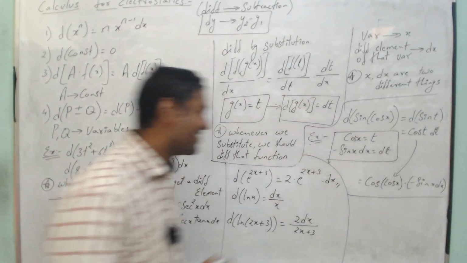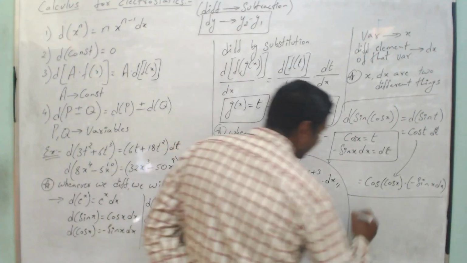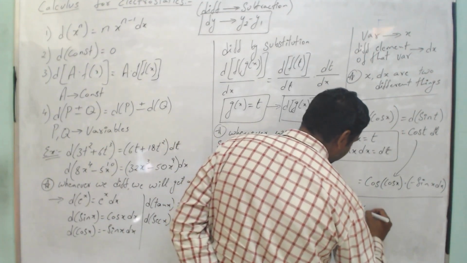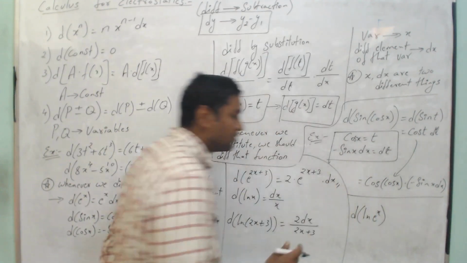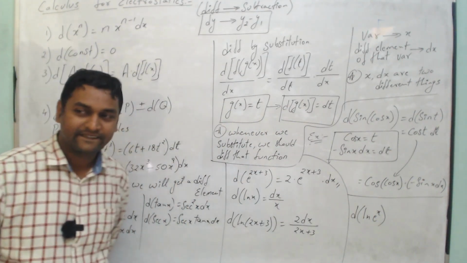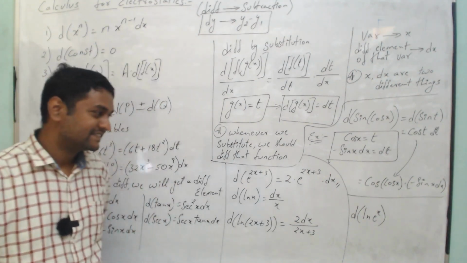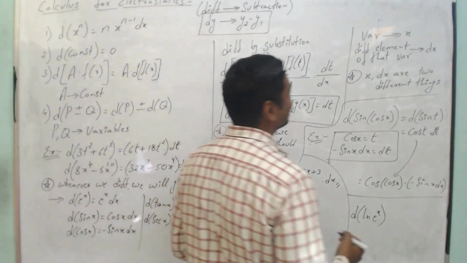So let's solve one last thing. Let us make a combination: the differential of ln of e to the power x. 1 by e power x into e power x dx, sir.